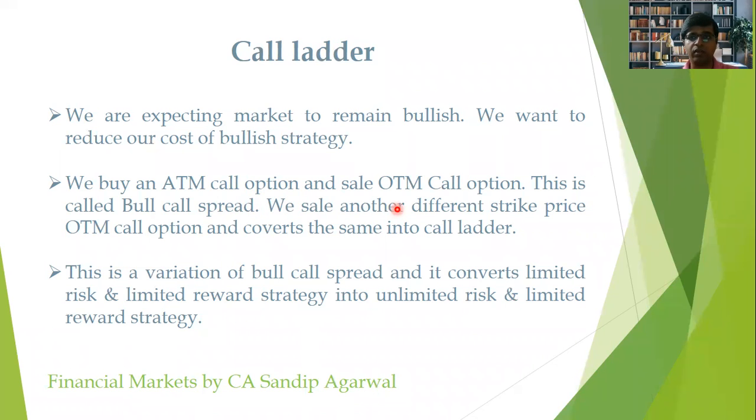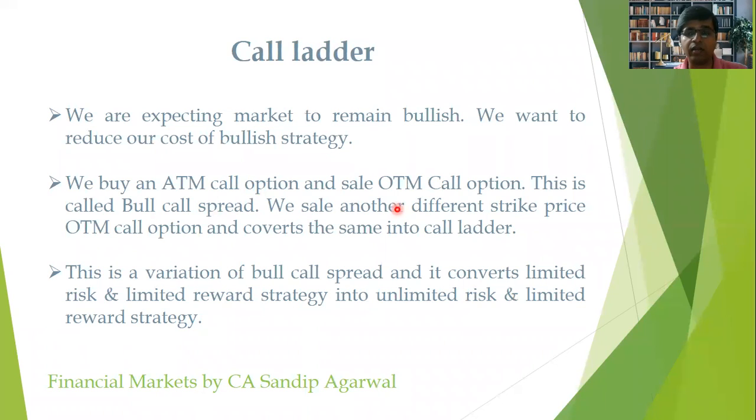of a different strike. Now just see the example, just see the difference between the call ratio spread and the call ladder. In the call ratio spread, the person was selling another OTM call option of the same strike. So the first strike for which the call option was sold, the person sells another OTM call of the same strike.